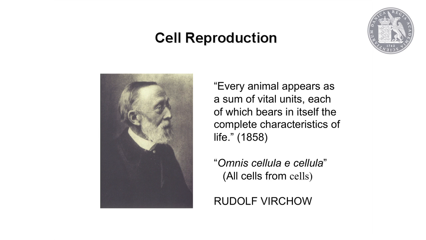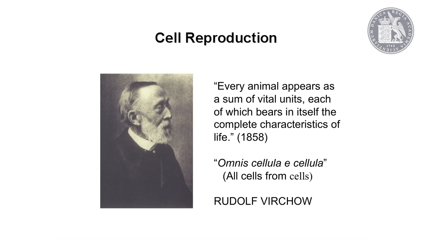And this came from work from a number of investigators, but was well stated by Rudolf Virchow, the founder of pathology, a German scientist, in 1858, and this is an English translation, of course. He said, "Every animal appears as a sum of vital units, each of which bears in itself the complete characteristics of life."